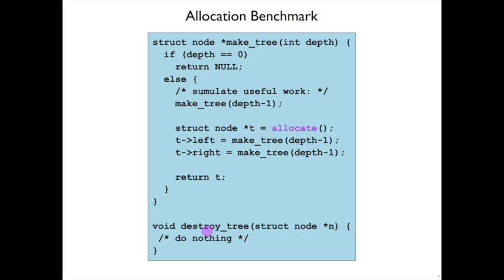And so just to make it clear, we could provide a destroy tree function, but we're just going to make it do nothing because the automatic memory management layer is supposed to take care of releasing nodes that aren't going to be used. So I put a blue background in this box to say this is a kind of program that we want to write directly, but of course if we want to do this in C, there might need to be some sort of transformation of this code to make the memory management explicit to the C compiler and runtime.